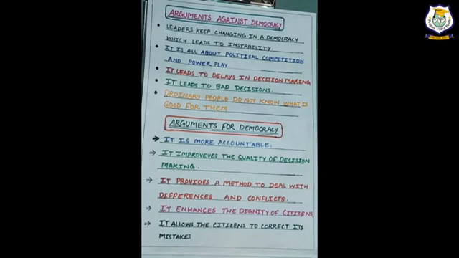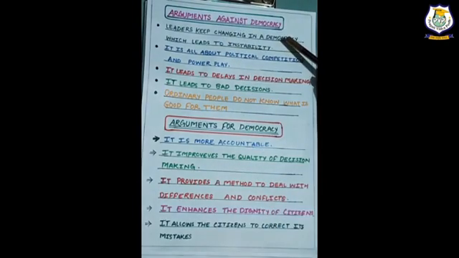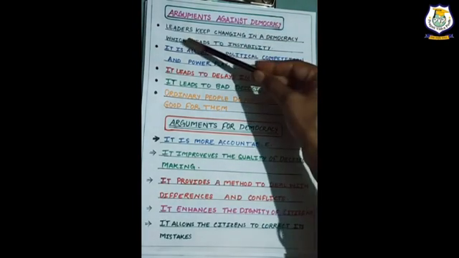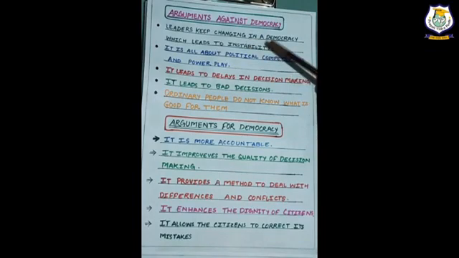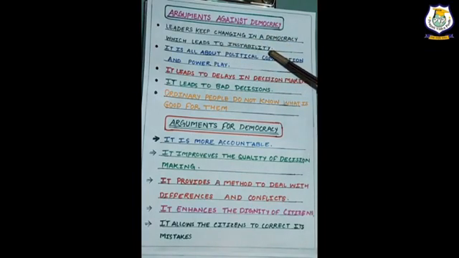Hello students, in our next lecture we will discuss arguments against democracy. It means the demerits which exist within democracy. The very first argument is that leaders keep changing in a democracy, which leads to instability within the country.